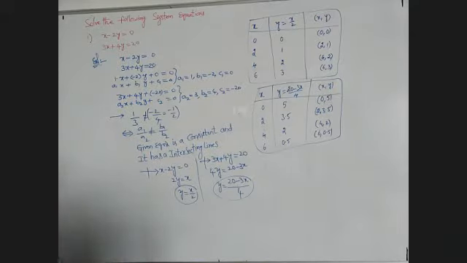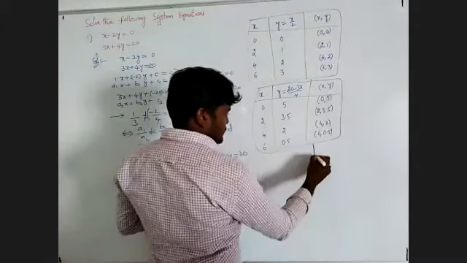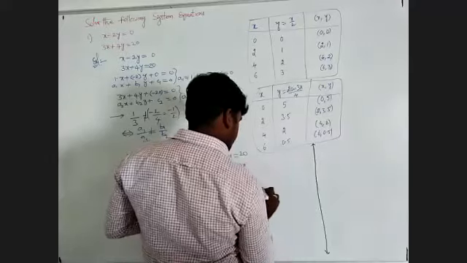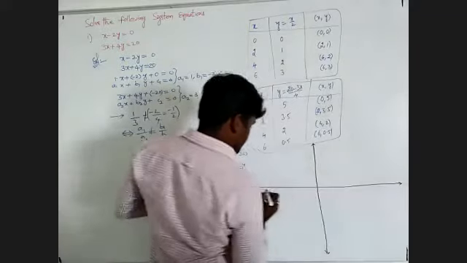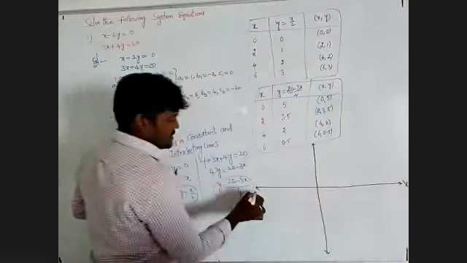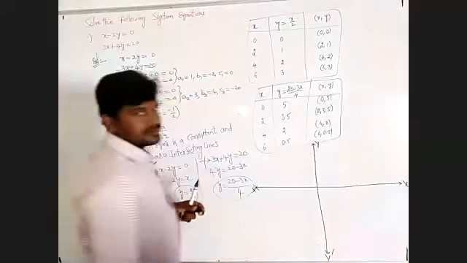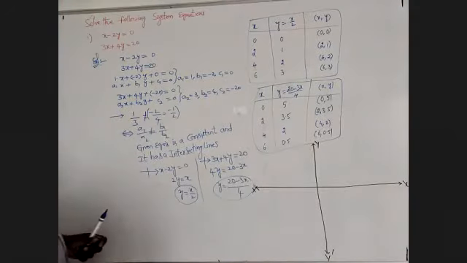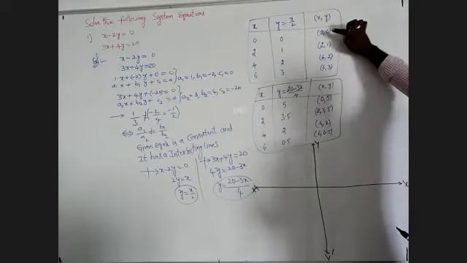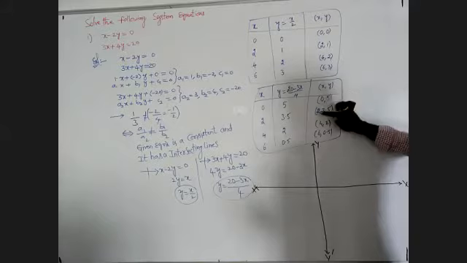Given graph is this may be x-axis, this is x dash, this becomes y, this is y dash. But we observe in x coordinate values here 0, 2, 4 and 6. We observe in this one 0, 2, 4, 6.